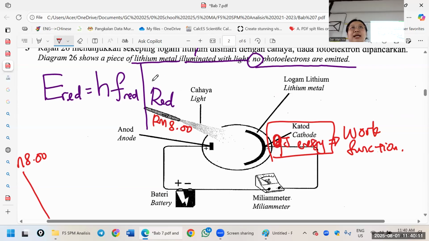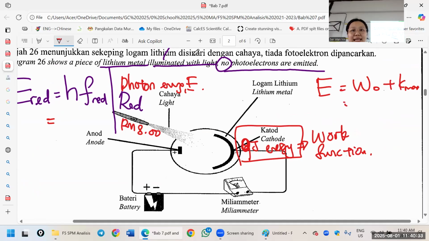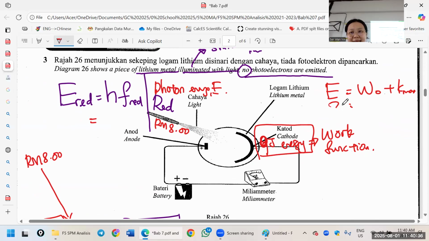Yes, photon energy, E. So let's say this is the formula: E equals work function plus KE max. E is 8, work function 9. Do you have KE max? No, because you still lack 1 joule of energy. Get the idea?